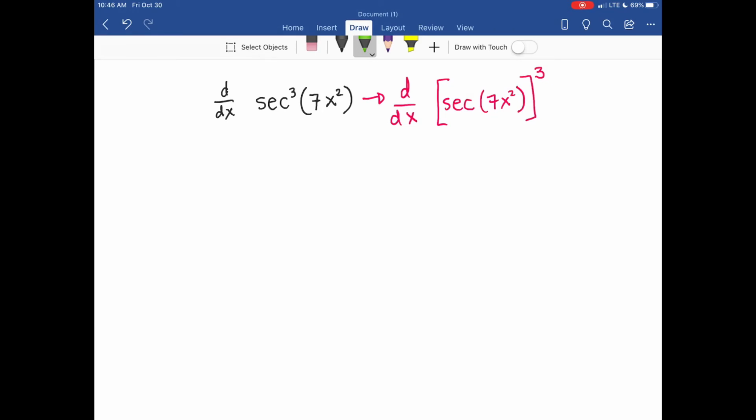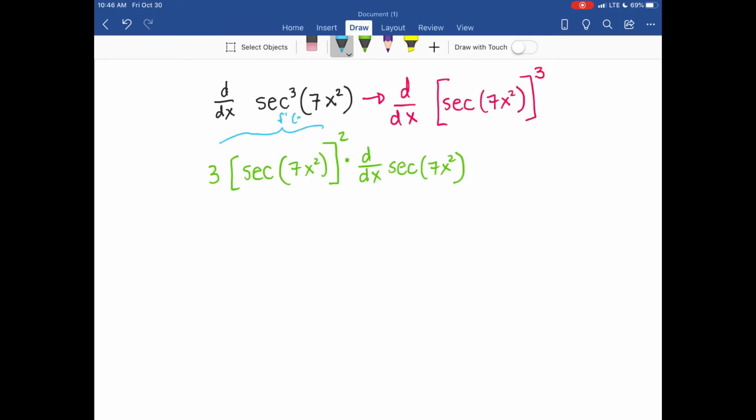The first thing we're going to do is take the derivative of the outermost function. That's our f, and that's quantity cubed. So that would look like this. You'll notice that this part is our f prime of g of x, and this part is g prime. And so now we still need to work out g prime.